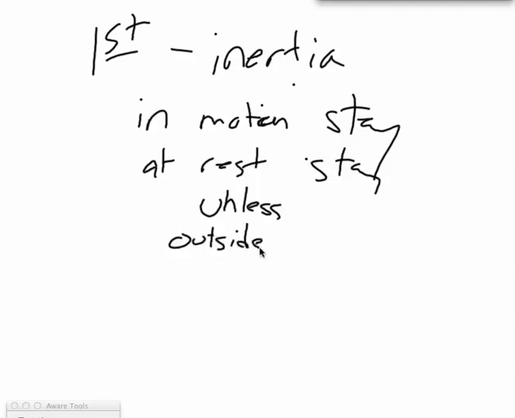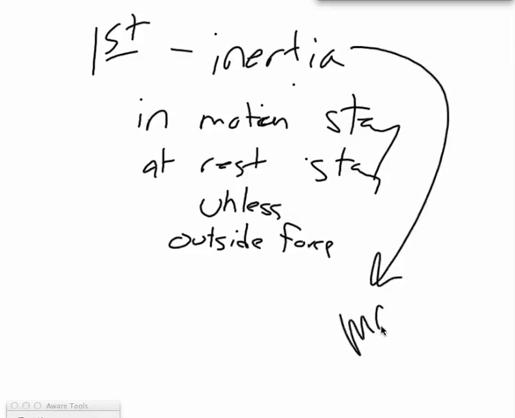An object in motion will stay in motion. An object at rest will stay at rest unless acted upon by an outside force. Now, inertia depends entirely on the mass of an object. The more mass an object has, the more inertia it has.